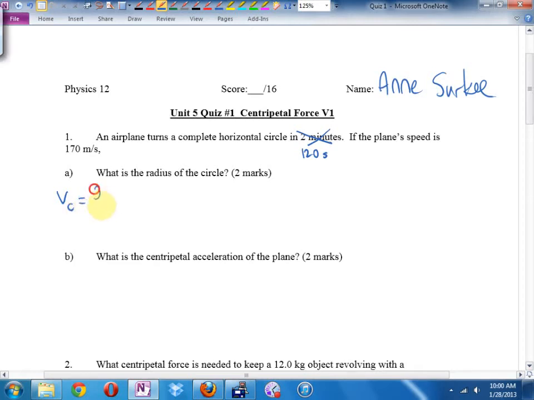It is distance, which in a circle once around is 2 pi r, over time, which in a circle we call the period. They want the radius of the circle, so the radius is going to be the speed times the time divided by 2 pi. It's going to be the speed, 170, times the time divided by 2 pi.